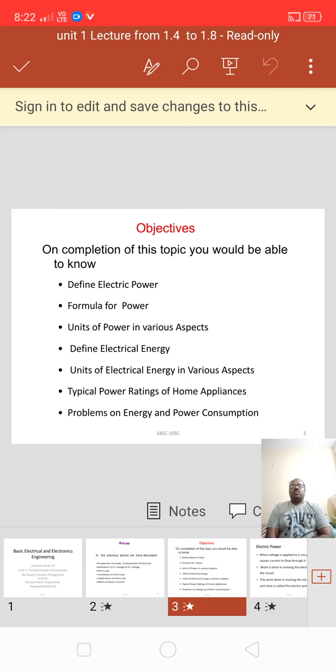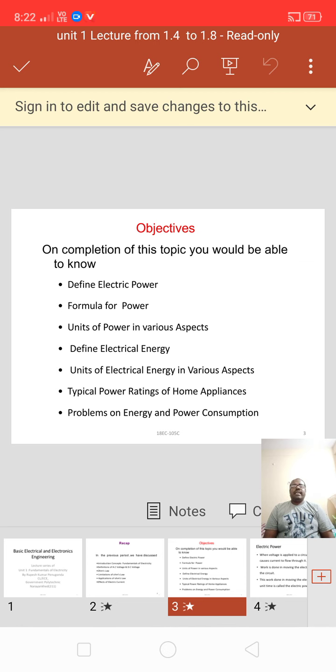First of all, objectives of this PPT, that is, on completion of this topic, you would be able to know what is meant by electric power, formula of electric power, next, units of power in various aspects.